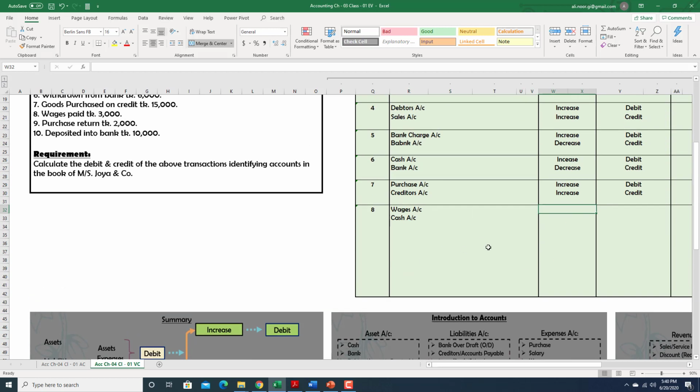So for wages account, there is an increase in the business, an increase in the expense, and cash decreased because of the payment of the wages.